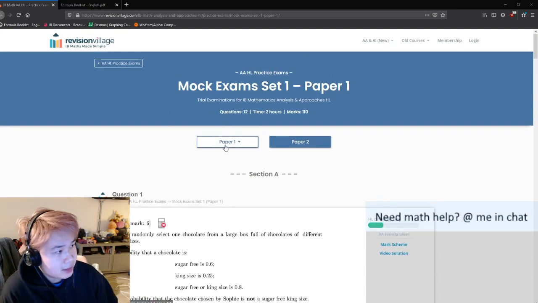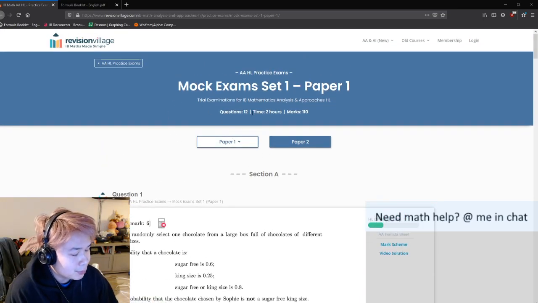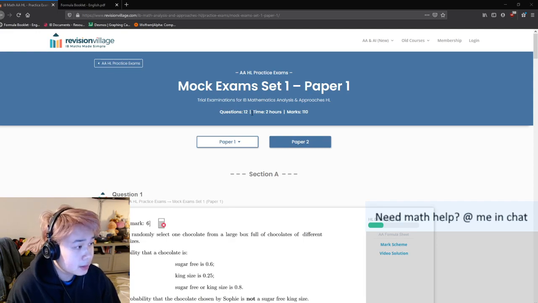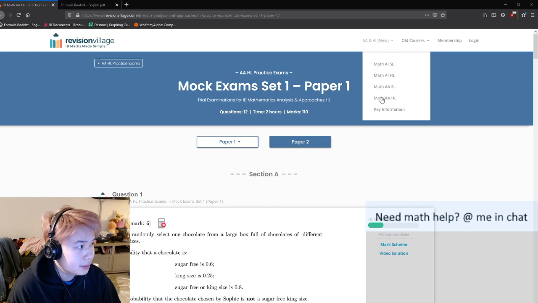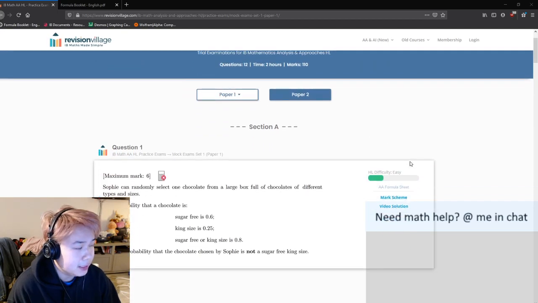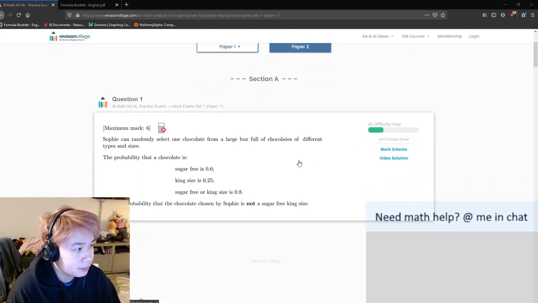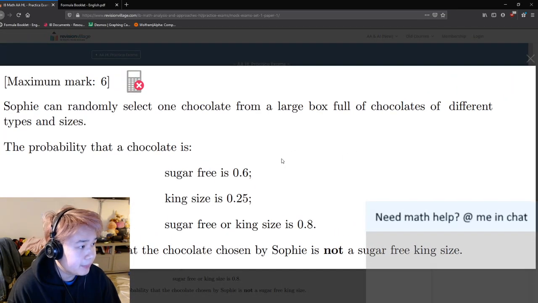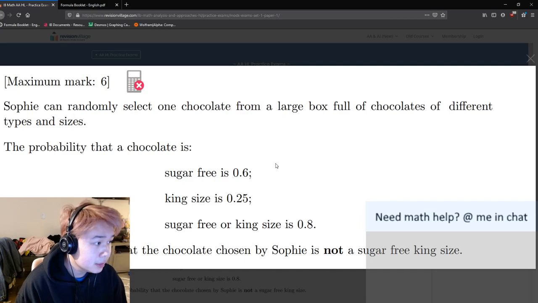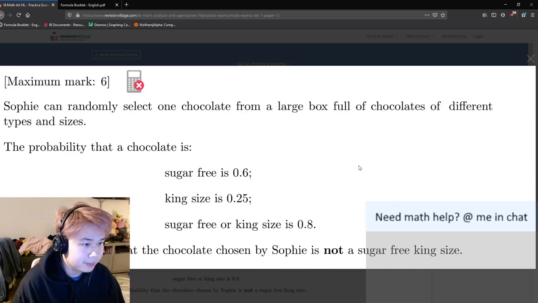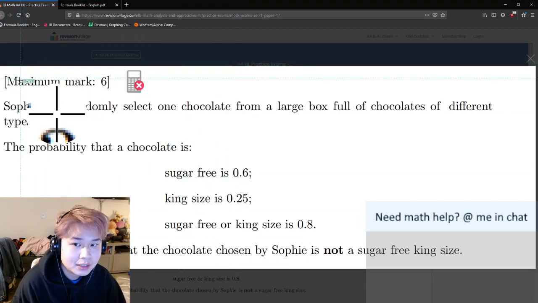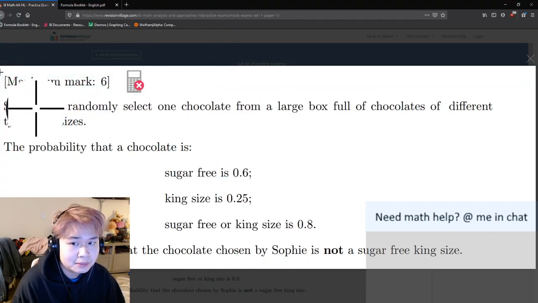Revision Village is more or less the number one IB math resource. Although to get access to most of their stuff you need a paid account, they do offer some things for free, which is pretty good. I do have a personal account, but I'm not going to use that because, well, that's illegal.